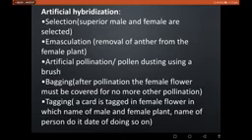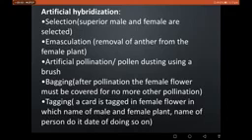Then the second one is emasculation. Emasculation is a major technique in artificial hybridization. Here, if we select two plants and both are bisexual, one flower should be treated as male and another should be treated as female.